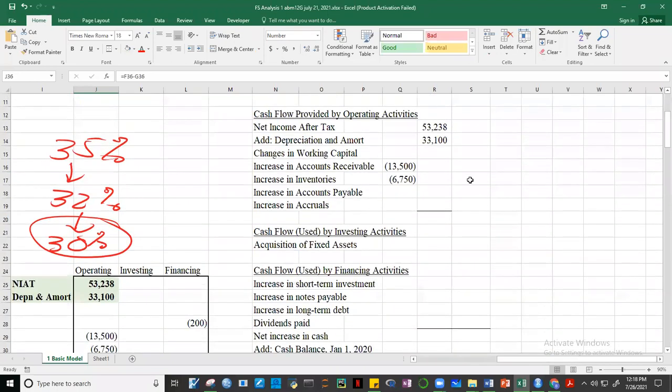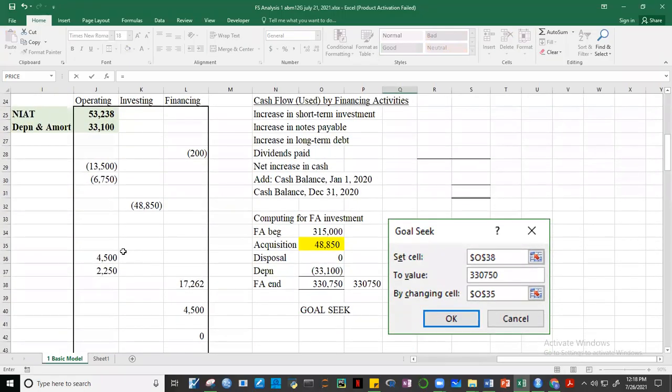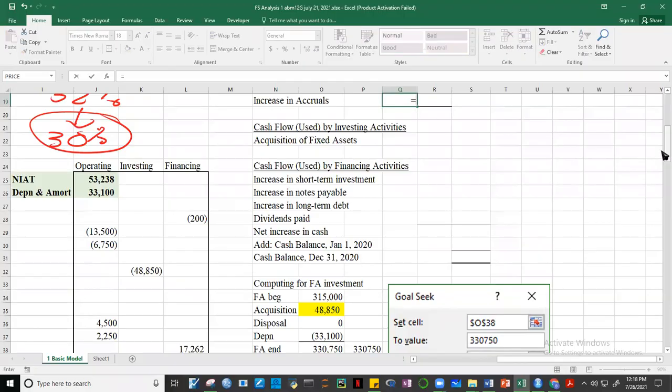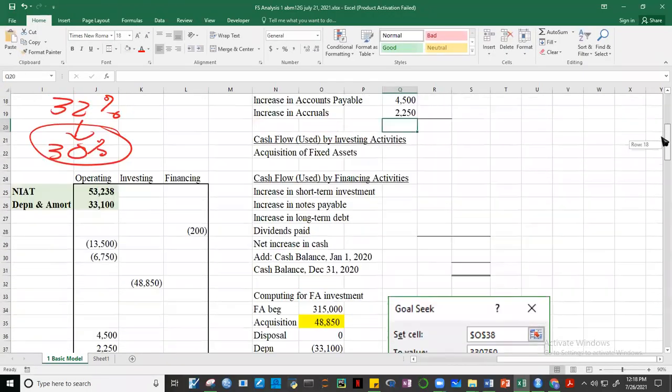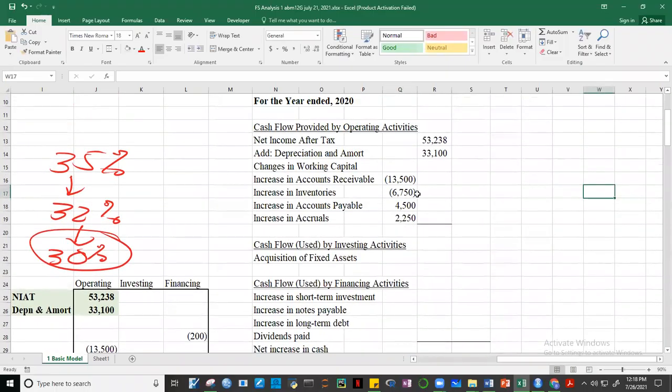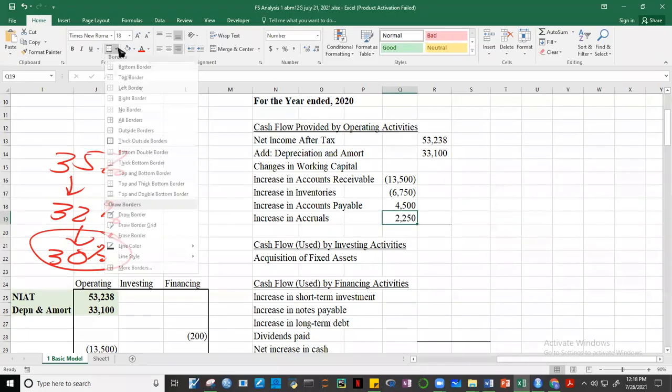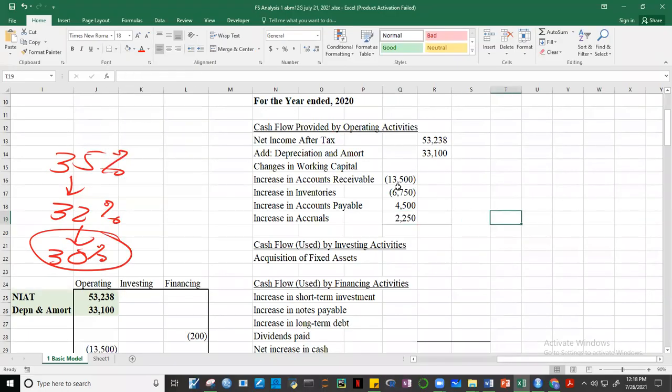Ito, increase in accounts receivable, that's equal to 450. And then increase in accruals, 2250. Okay, so that takes care of our, tapusin natin to. So pag inadd natin to guys, is equal to sum.